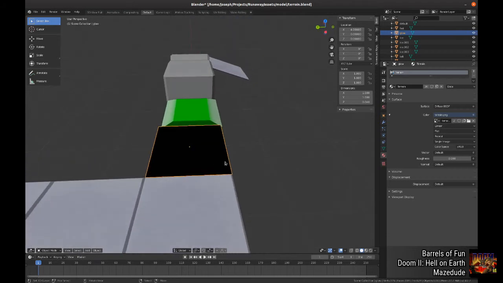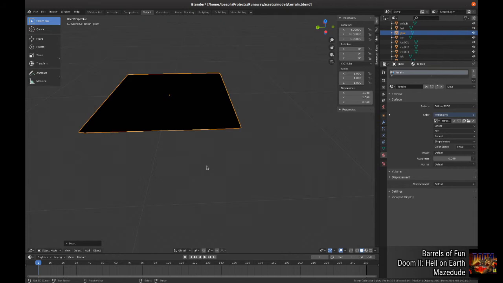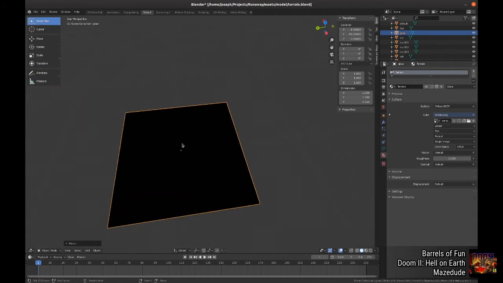Okay, so imagine if this tile was 48 units down, which it now is. So here we are, 48 units down, and we have taken into account the center point of this tile.